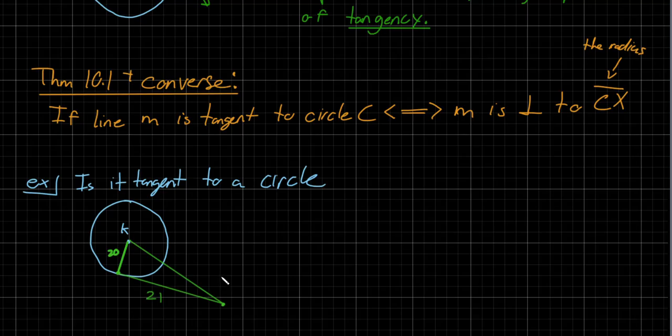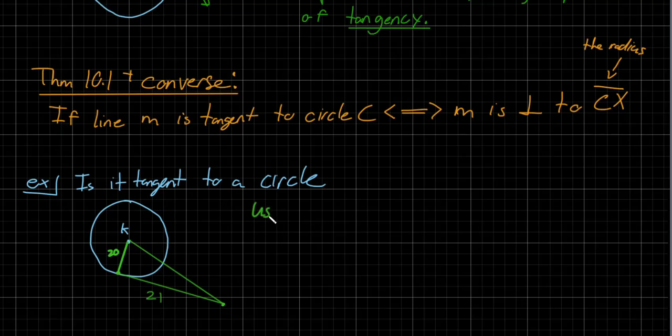Which type of triangle should this be if it's tangent to the circle? Yes, so there should be a right triangle right there. What can we use to prove that this is a right triangle? Can't just use tangent. Yeah, Pythagorean theorem. So we're going to have to use that.